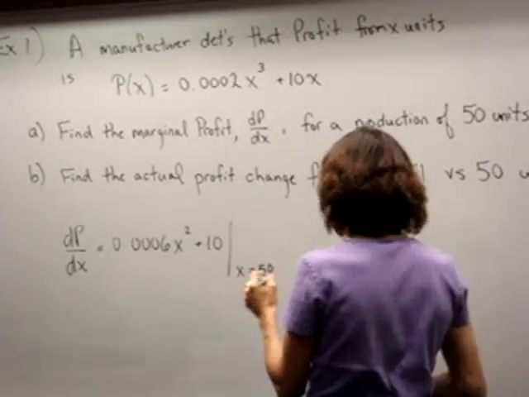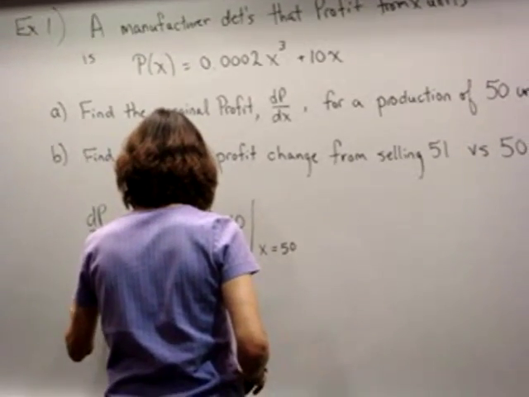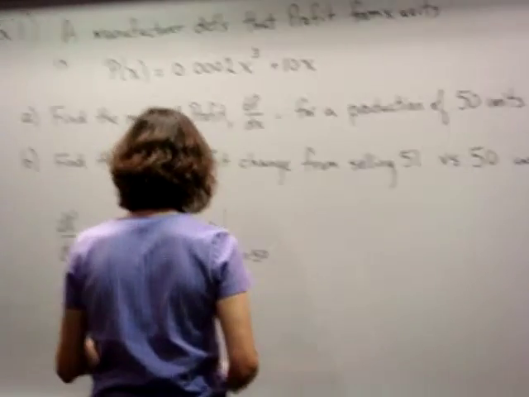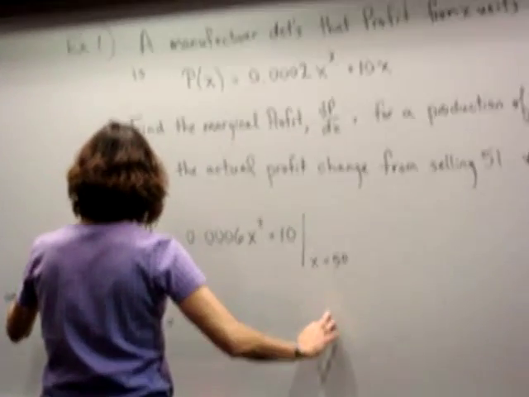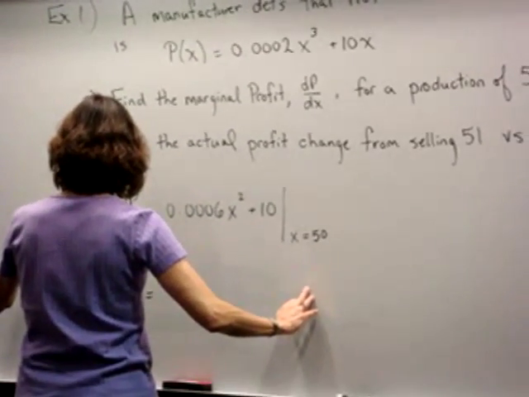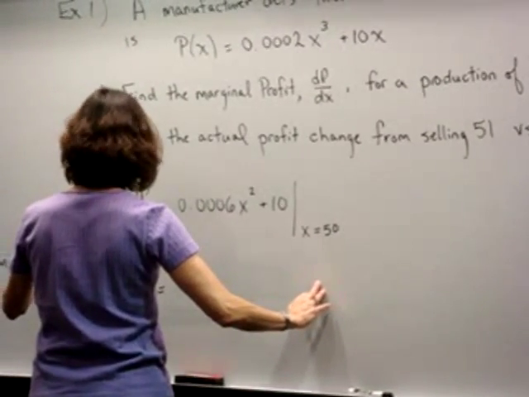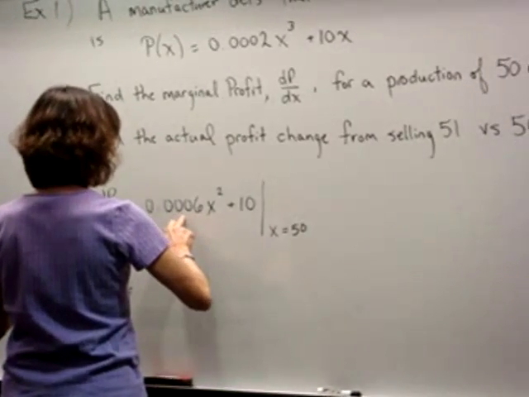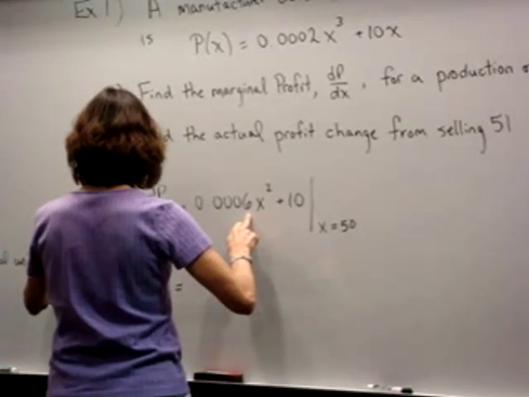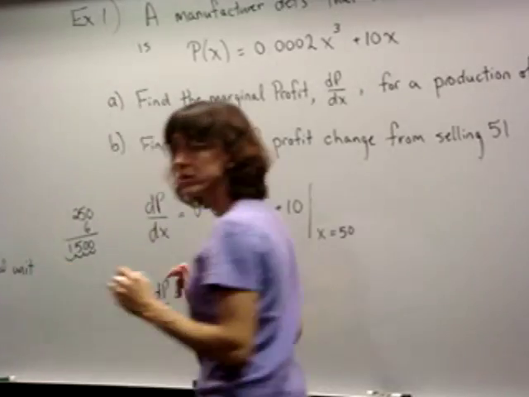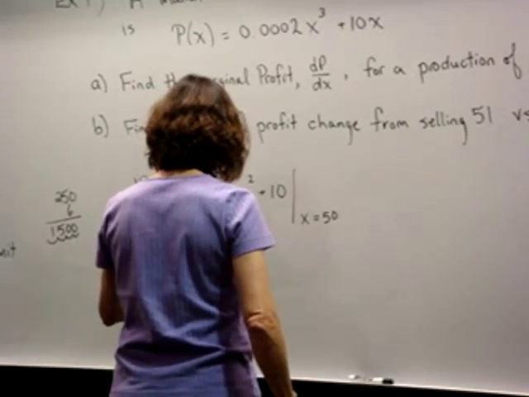Somebody with a calculator do this for me. That's 115, and then I want 11.5. How much is it? 11.5. Good, that's right.